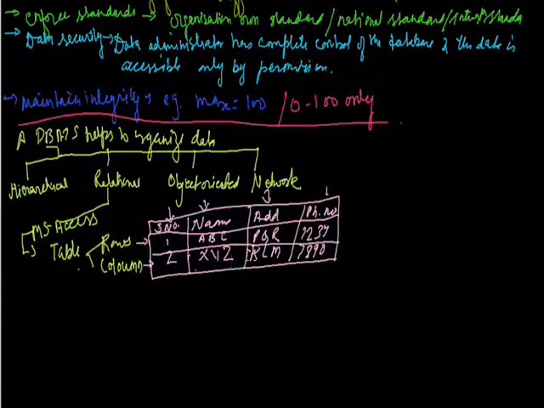So in this manner we can work in a database management system and organize our data. Each row in a database management system is a record. We term it as a record.